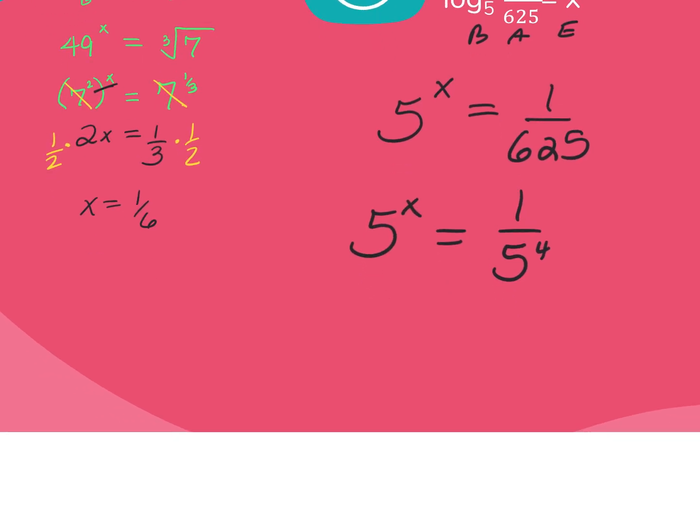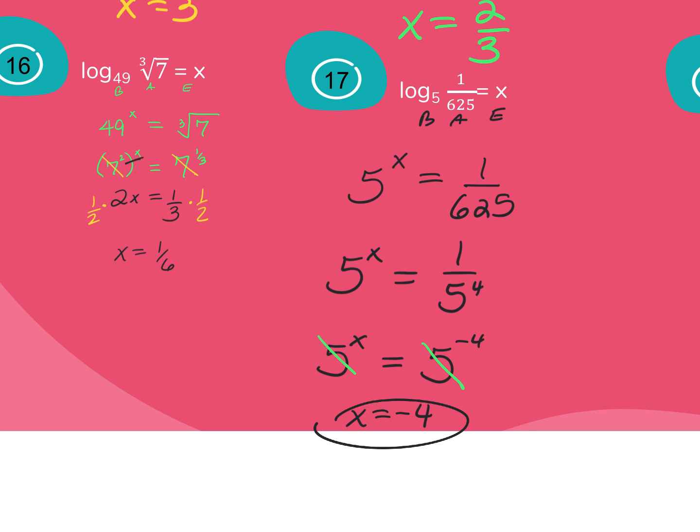I can now make the bases the same by pulling that 5 to the 4th out of the bottom of the fraction and making my exponent negative. Get rid of the bases, and x equals -4. Again, once we got this x value, the answer here can be negative.